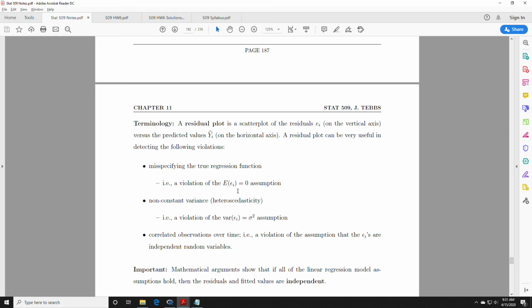It can indicate whether the expected value is 0, whether we have constant variance, and whether they're independent, so whether there's correlation. If so, then they're not independent.